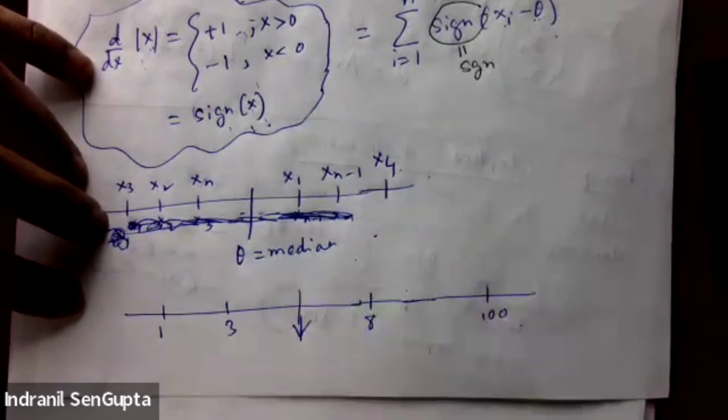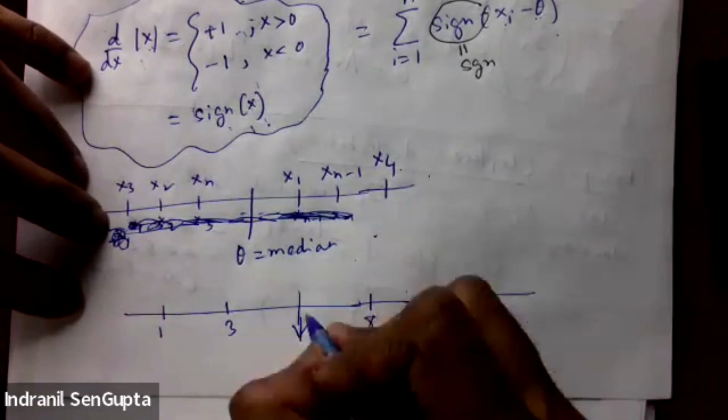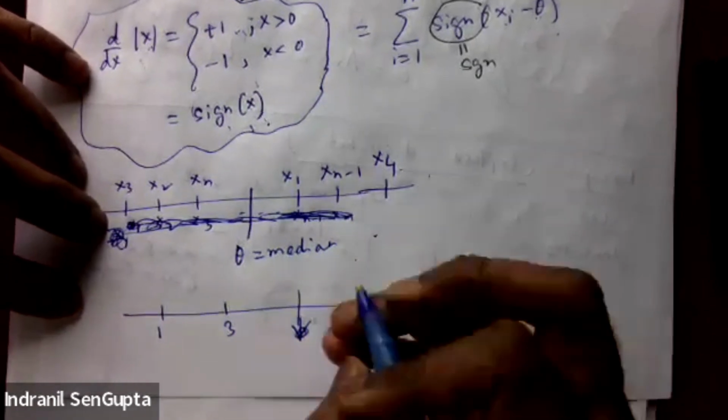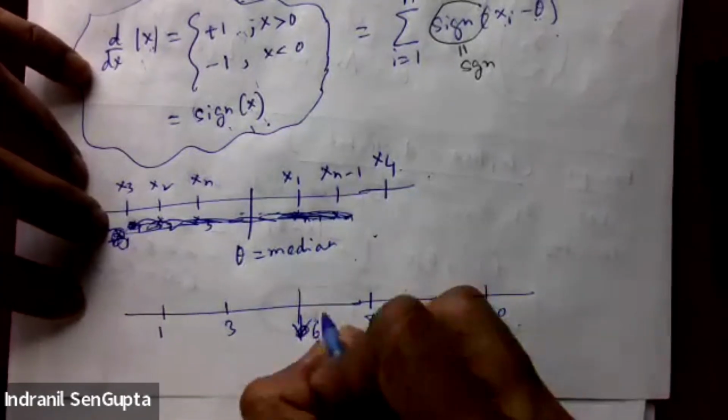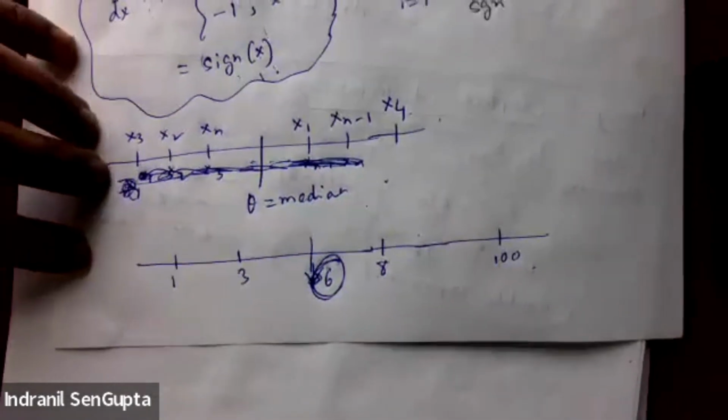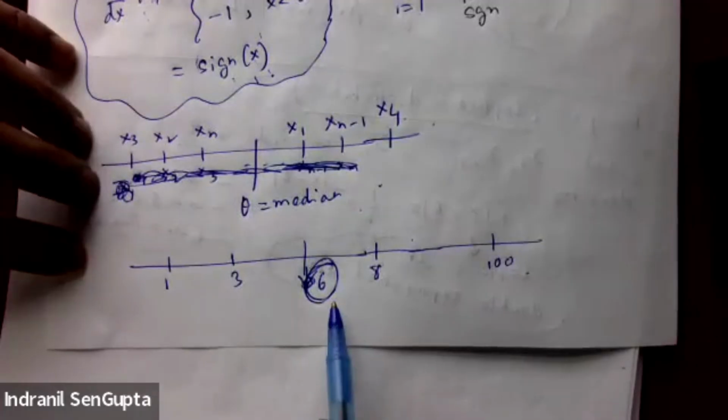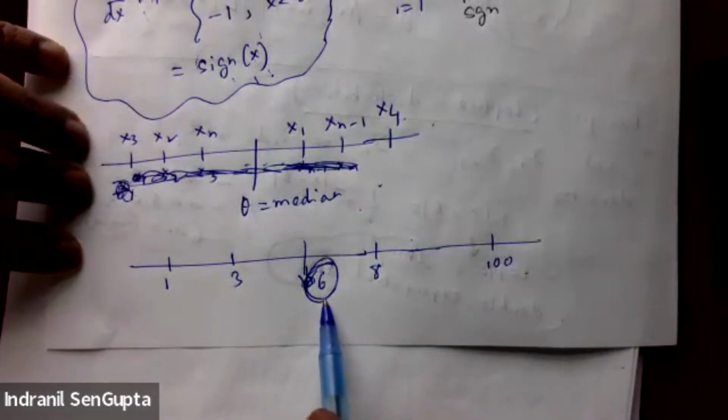However, if we have 5 numbers, so suppose we have another 6 here, then the median is 6. It's the value that appears at the very middle of the data set.